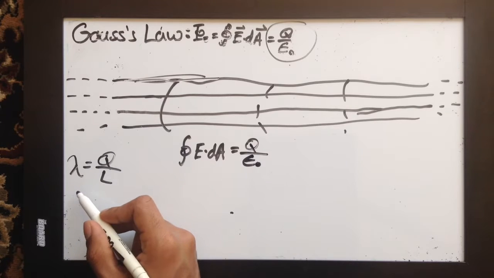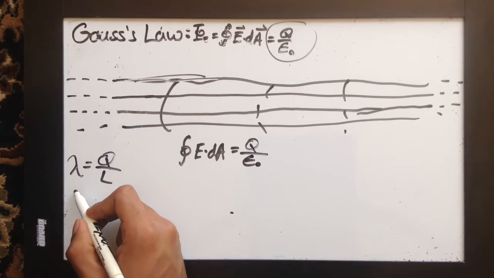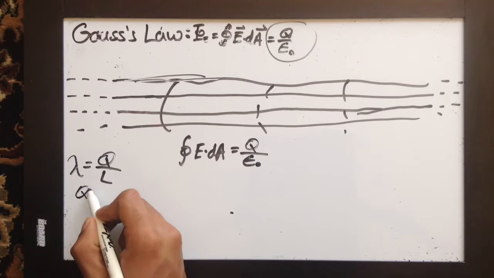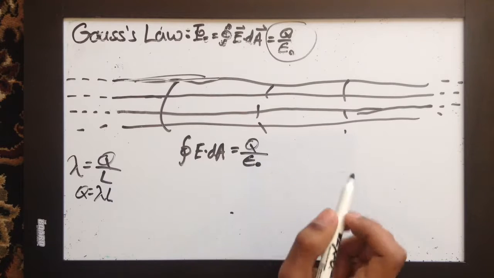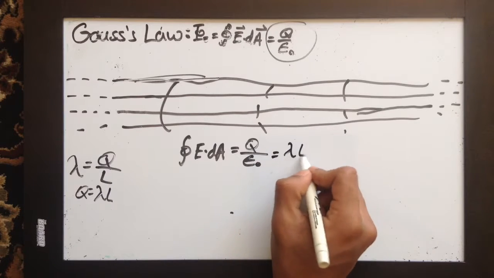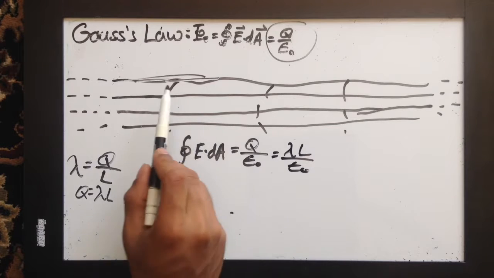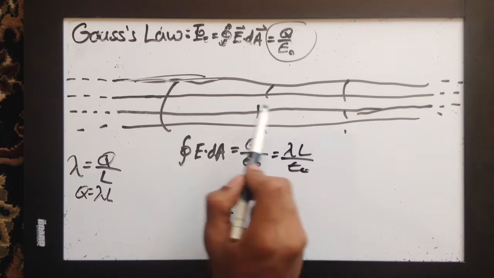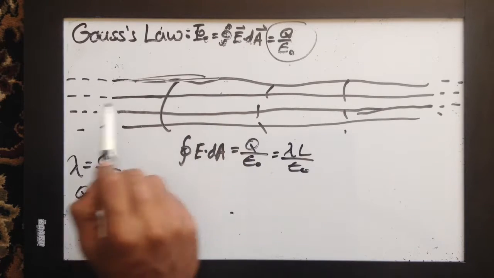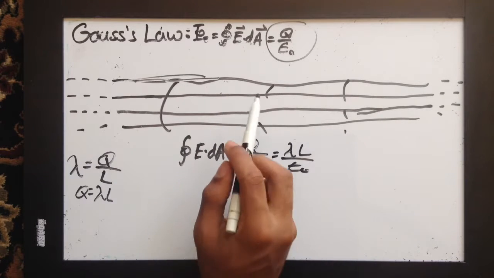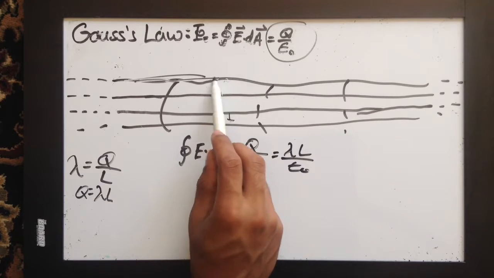Now, since we know that it's a uniformly charged wire, we can say that Q is equal to lambda L, and we can substitute that in here. Now, since it's a long straight wire and the cylinder is equal distance at all points and it's uniformly charged, we know that the E field at each point on the Gaussian surface is going to be the same.